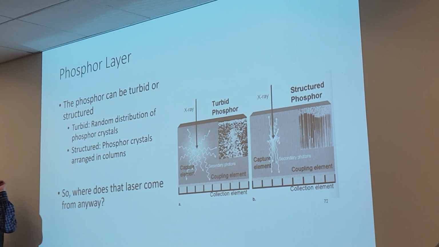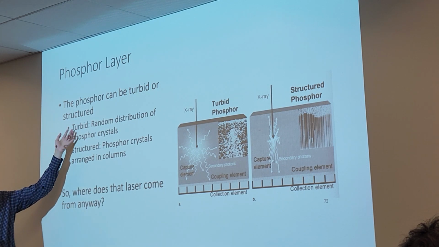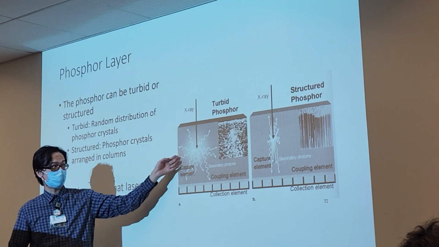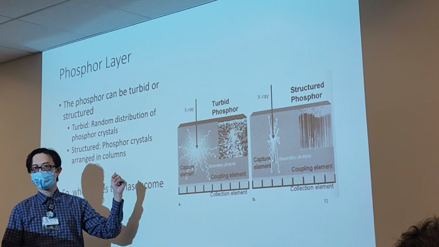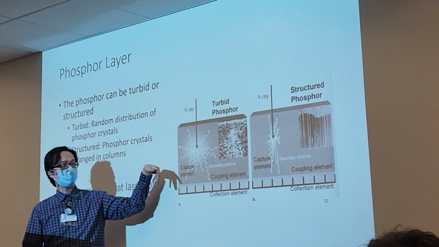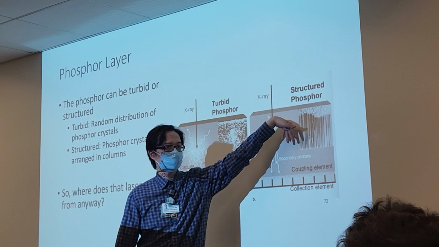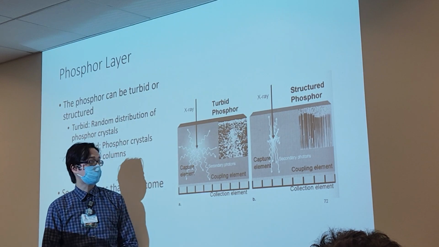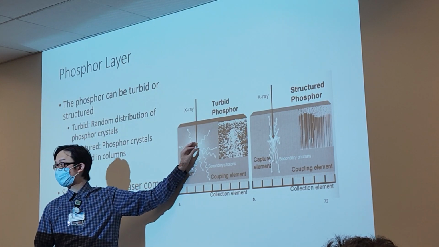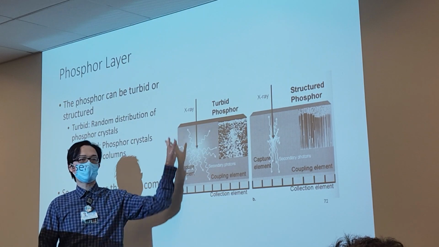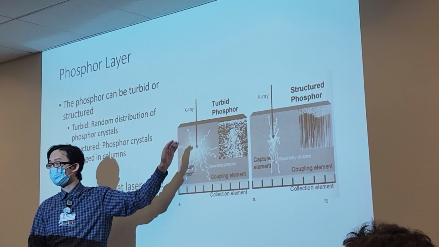And so, the phosphor itself can be set up in two different ways. One way is turbid, where our phosphor crystals, our barium fluorohalide, are arranged randomly. The other one is structured, where it is formed into columns. The difference is that if they're arranged randomly, the light which is produced can spread in all directions a lot easier.